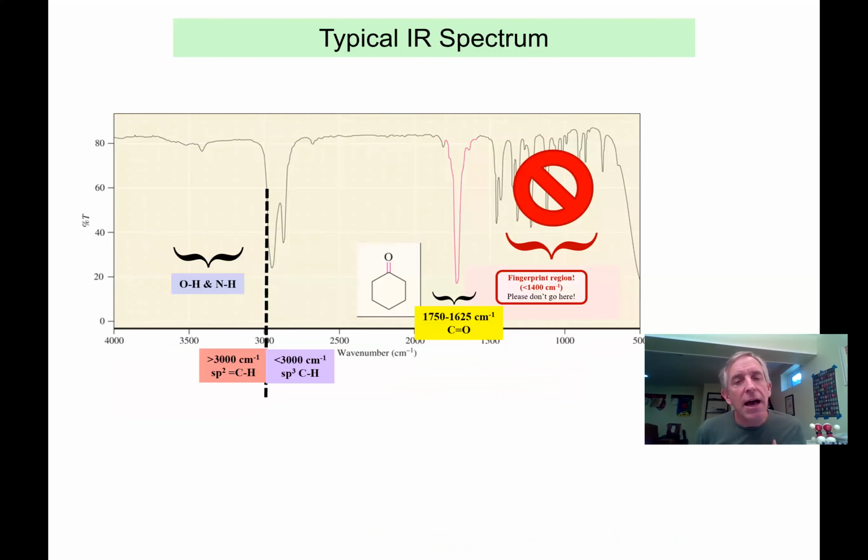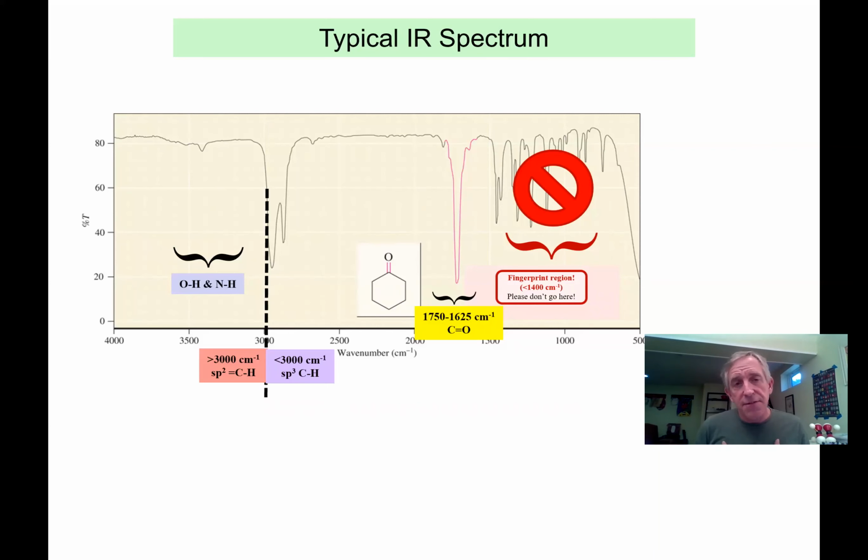So here is a typical IR spectrum again. This one is of cyclohexanone. It has a C double bond O. And as you start to learn your functional groups, hopefully you recognize this as a ketone. This ketone is attached to a ring, but it is not a benzene ring, it is an alkane ring because I don't have double bonds anywhere around it. So even though it's a 6-membered ring, it's just a bunch of alkanes.